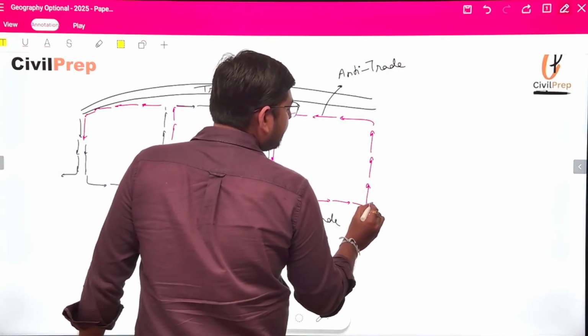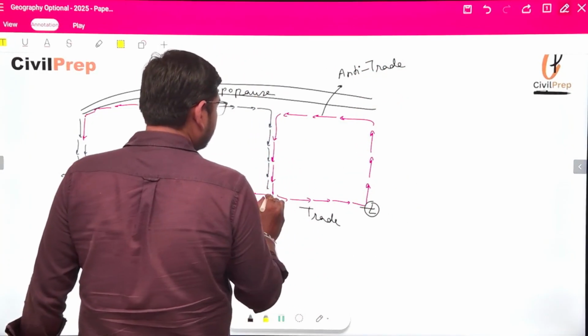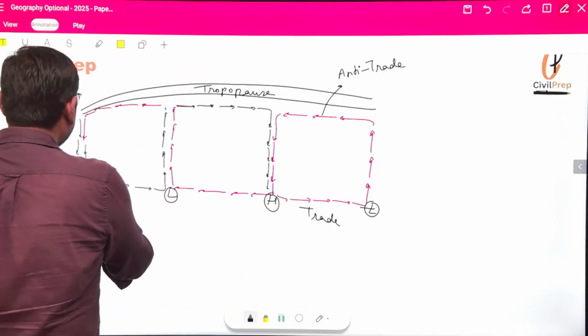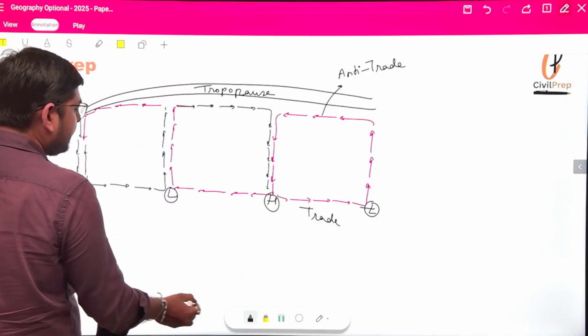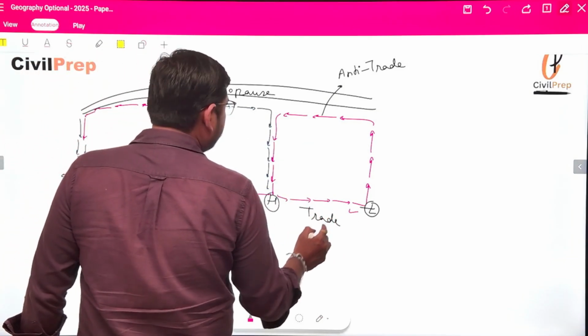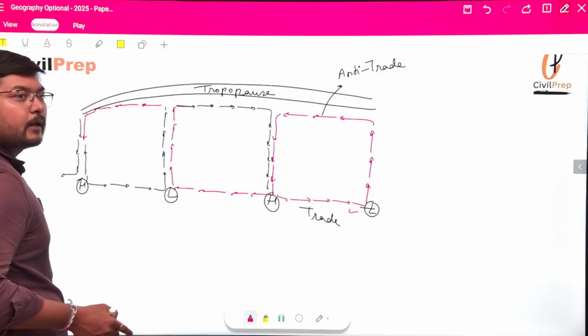Here we see that there is development of low pressure. Here is development of high pressure, then low pressure, then high pressure region here. Okay. Here we see that the winds from the equatorial region are reaching up to the polar region.